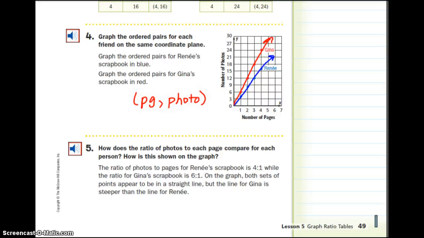Okay, 5. How does the ratio of photos for each page compare for each person? And how is this shown on the graph? So in this case, we know that Gina is the red one, and Gina can do 6 photos in one page.